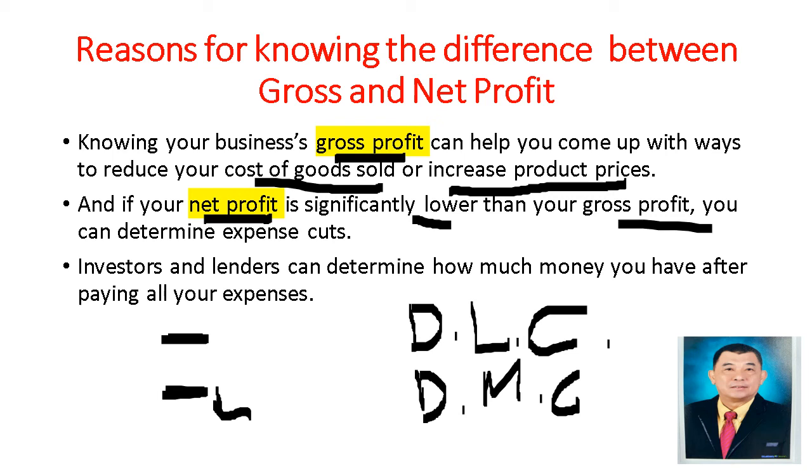And then number three, investors and lenders can determine how much money you have after paying all your expenses. Meaning to say, if you are sourcing for an investor, if you are going to take a loan from the bank, what you need to do is to show your income statement, okay?